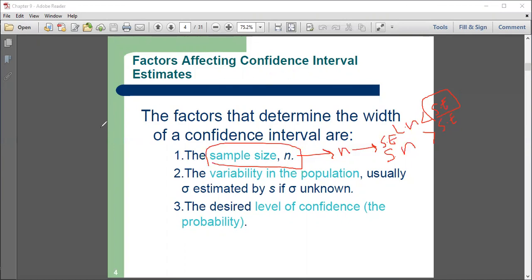The standard error has its formula: sigma sub x bar is equal to sigma divided by the square root of n. This terminology is called standard error. A larger population standard deviation gives a larger standard error, and a small population standard deviation gives a smaller standard error.